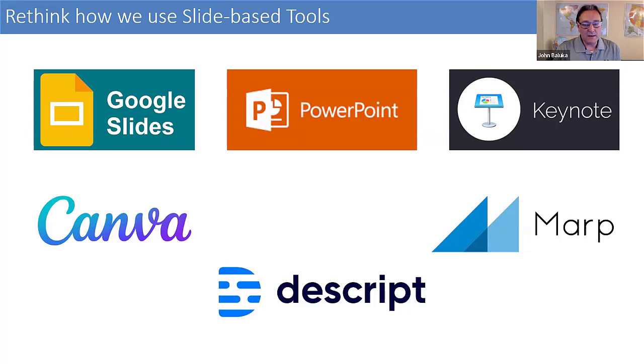Descript, and Descript is really cool. You're going to like to see that. And then there's Marp, which is a Markdown way of doing slides. Markdown is one of those languages that I think a lot of developers like, but a lot of non-developers either don't like or just deal with it. So it's not for everyone, for sure.